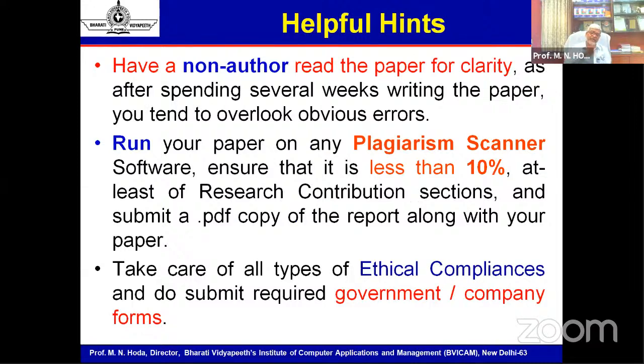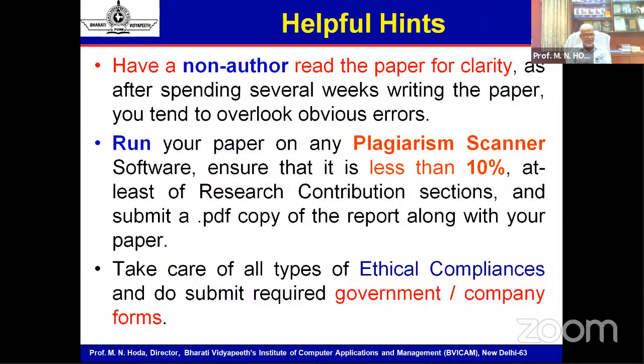And before submitting it to the journal and getting outrightly rejected, have a friend who is not a co-author, meaning a non-author, read the paper. Possibly the non-author should be good in language, so that even if you have committed some mistakes in English, he can help you improve the paper. So have a non-author also read the paper.